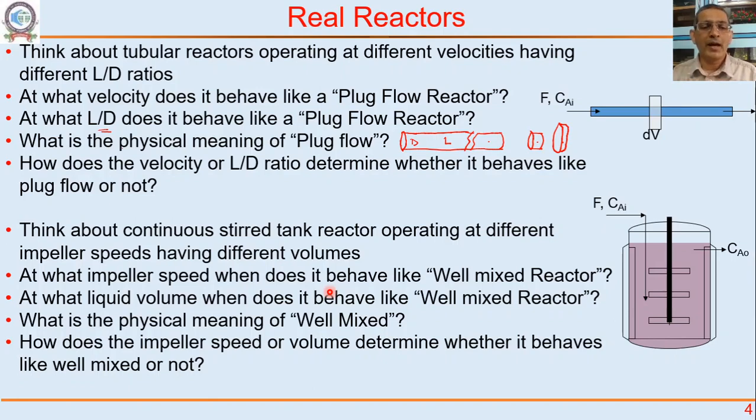So first of all, I would like you to think qualitatively, what are the characteristics which make a particular reactor plug flow or a particular reactor well mixed? Can we write down characteristics, say 1, 2, 3, 4, 5, 6, 7, 8, 9? These are the things that are required to make it a plug flow. These are the things that are required to make it a well mixed reactor. That's what I want you to do.